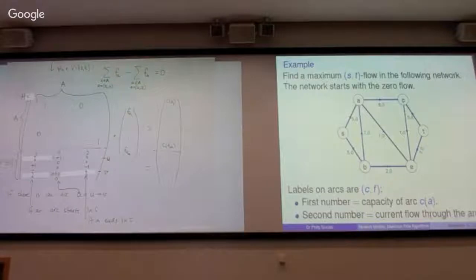Okay. We want to do the dual. The matrix of the constraints will be transposed. So now we will have one constraint for every arc, because what our columns are going to become rows.